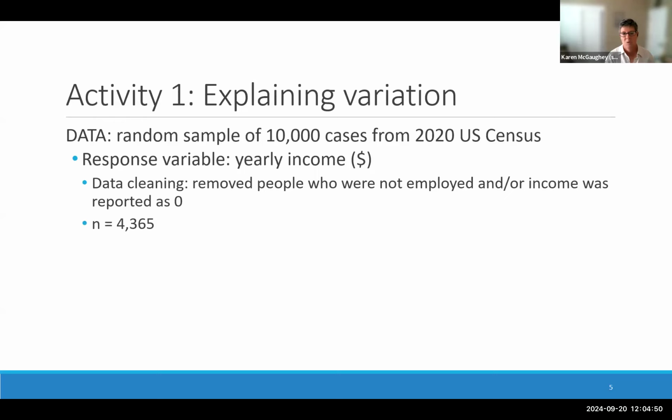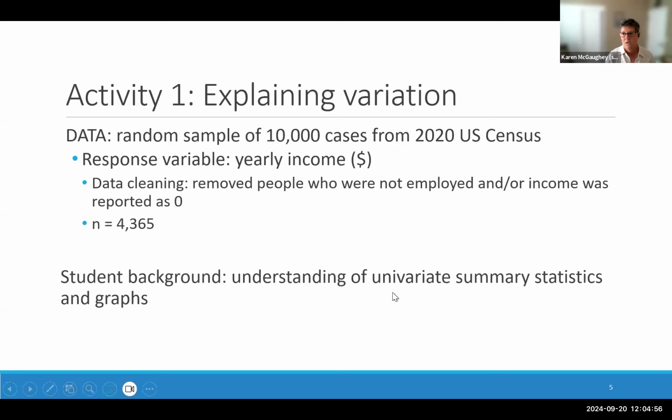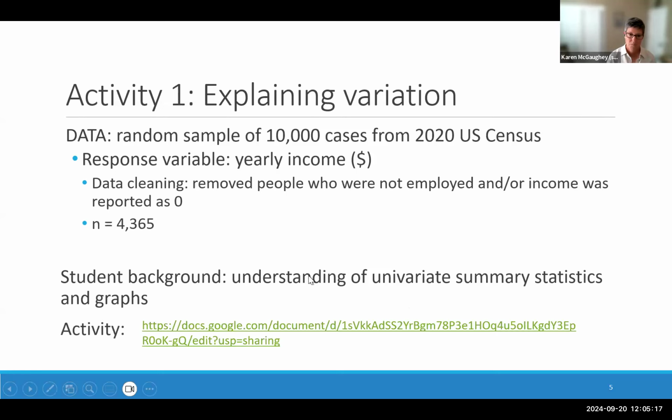And so the sample size here then is 4,365 individuals. For the students, probably an understanding of univariate summary statistics and graphs would be helpful at this point. You could certainly do this sort of as you're teaching these things, but it might be a really nice follow-up exercise once you've talked about measures of center and spread.